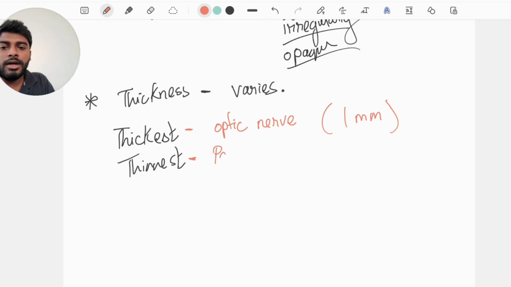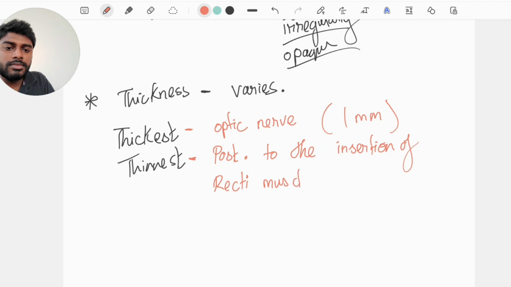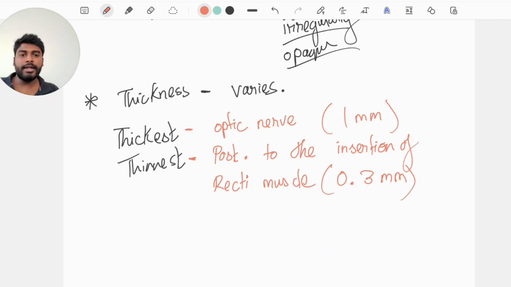Thinner is posterior to the insertion of the recti muscle. There the thickness is 0.3 mm. So the examiner can ask where the sclera is thickest, it is near the optic nerve, and where is the thinnest, it is posterior to the insertion of the recti muscle.